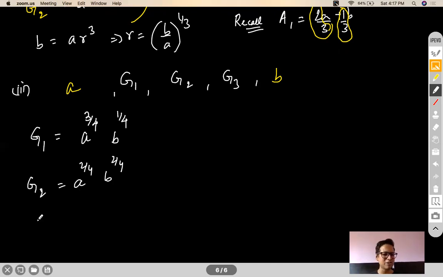You can write half also, but I just wanted to make the pattern more explicit. And finally, A to the power 1 by 4, B to the power 3 by 4. If you observe this pattern, we can write down the means even if you are inserting any number of geometric means. Any doubt or problem here, please immediately bring it to my notice.